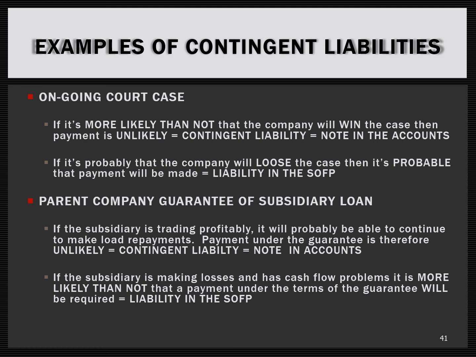So there's got to be an obligation in either case. But whether it's a contingent liability that we include as a note, or whether it's an actual liability that needs to be included in the balance sheet, depends on how likely it is that we're going to have to make a payment.